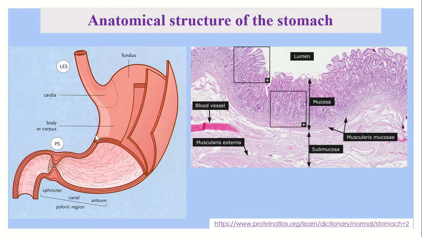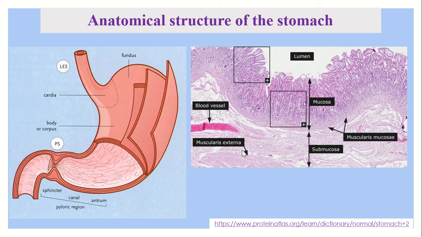With the lesser curvature, and the greater curvature here. As for the histology of the stomach, as we said for the esophagus, it consists of the mucosa with the covering foveolar epithelium, the lamina propria, and the muscularis mucosae, with the submucosal layer and the muscularis externa.